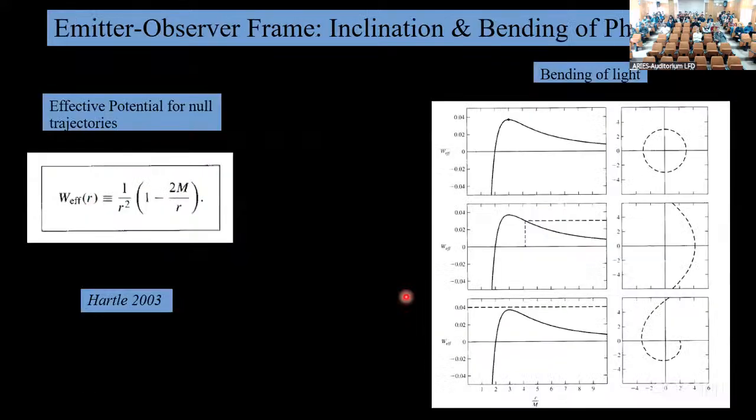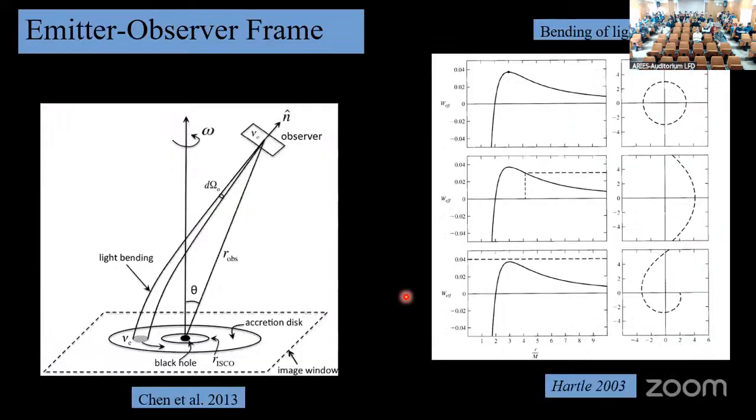So there comes the emitter observer frame transformation. That means your observer and your emitter are connected through one and only one possible way, that is the photon propagation. And photon propagation is a little bit tricky around black holes. Photons bend.